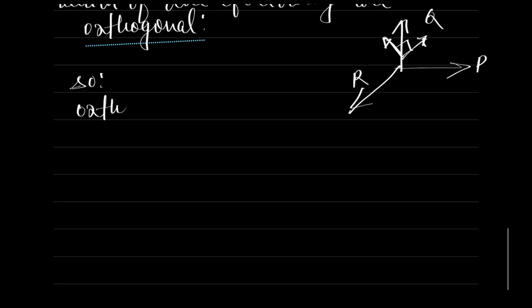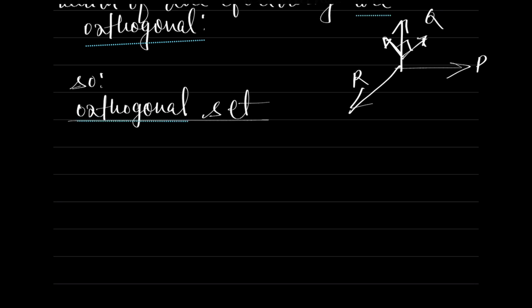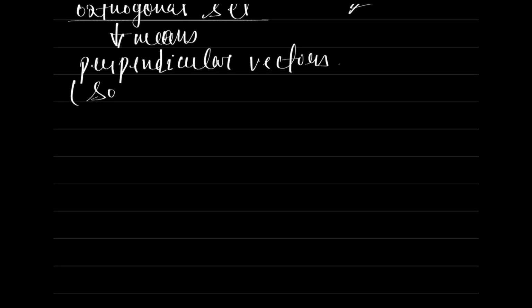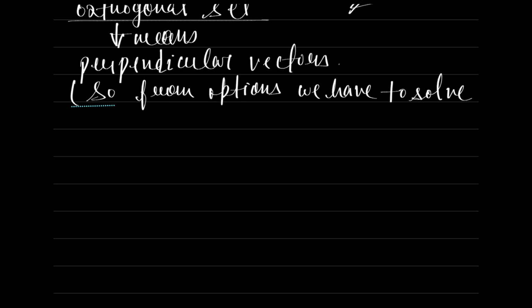So finally, orthogonal set means perpendicular vectors. So from the options we have to solve the problem.